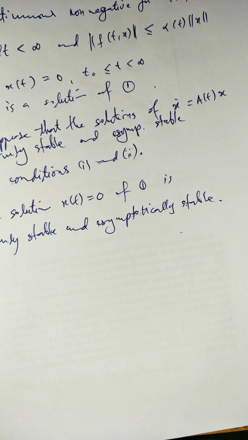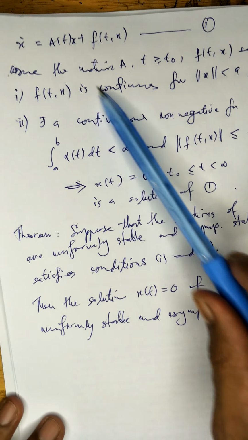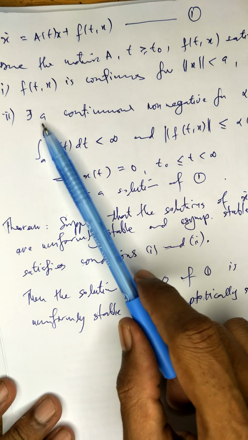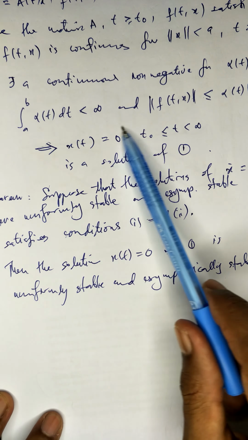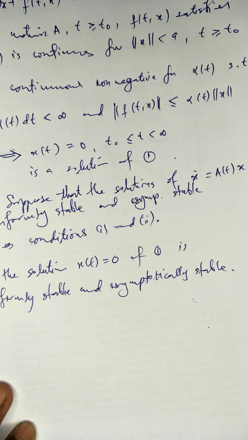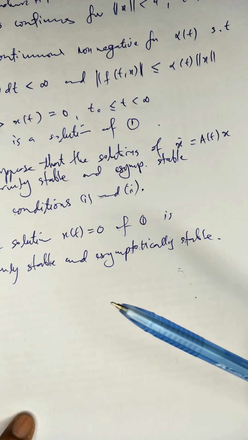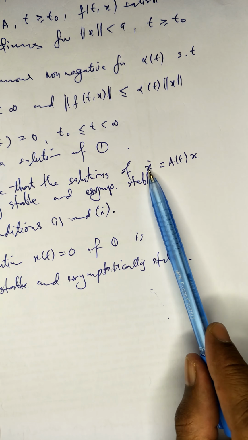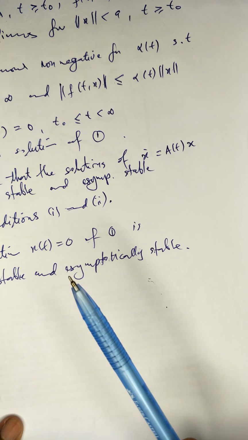So what can you say before we prove this? What can you say about this theorem? This theorem says that if you're given that system, and this is the system here, we have A(t)x and f, where f satisfies conditions 1 and 2, f continuous, and there exists a non-negative function alpha that satisfies those, which is integrable, and also the norm is bounded by some number, then the solution of that system is uniformly stable and asymptotically stable, and so is the solution of this system.